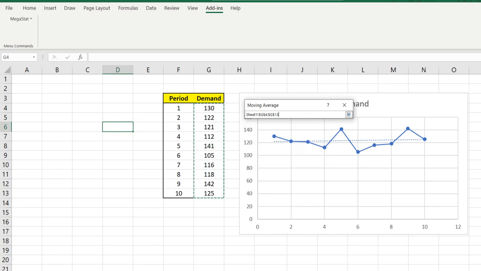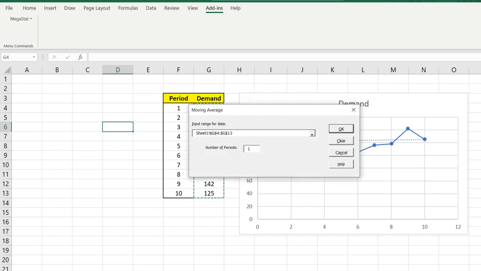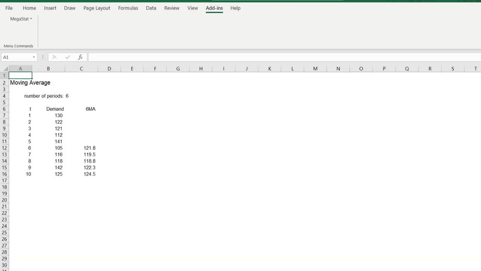That's our time series. And then hit enter. Now notice here number of periods. Well, let's go 3 period. No, actually in the book it said 6. Sorry, let's go 6. And then hit OK.